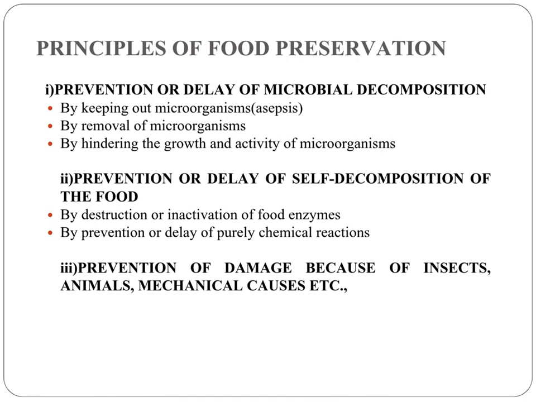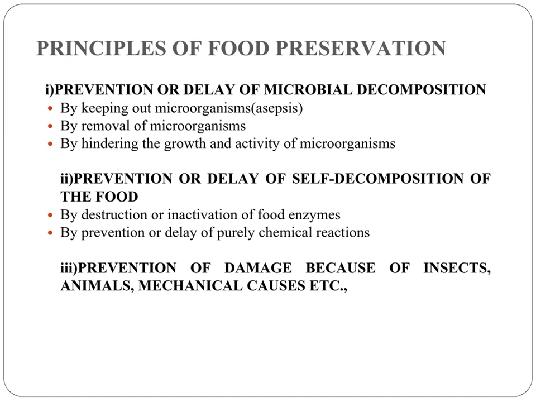To understand food preservation better, let us examine its basic principles. The first principle is prevention or delay of microbial decomposition. This can be achieved by keeping microorganisms away from food, which is known as asepsis. It can also be achieved by removing microorganisms or preventing their growth and activity.